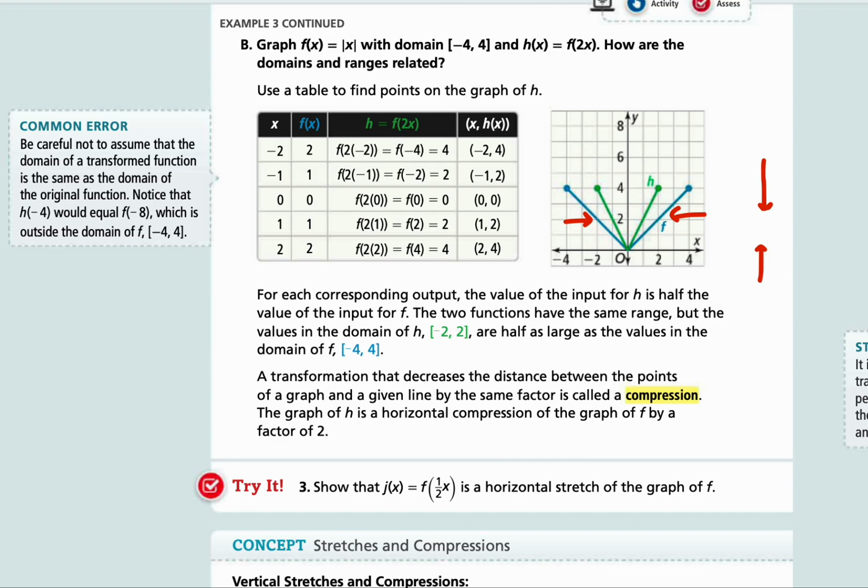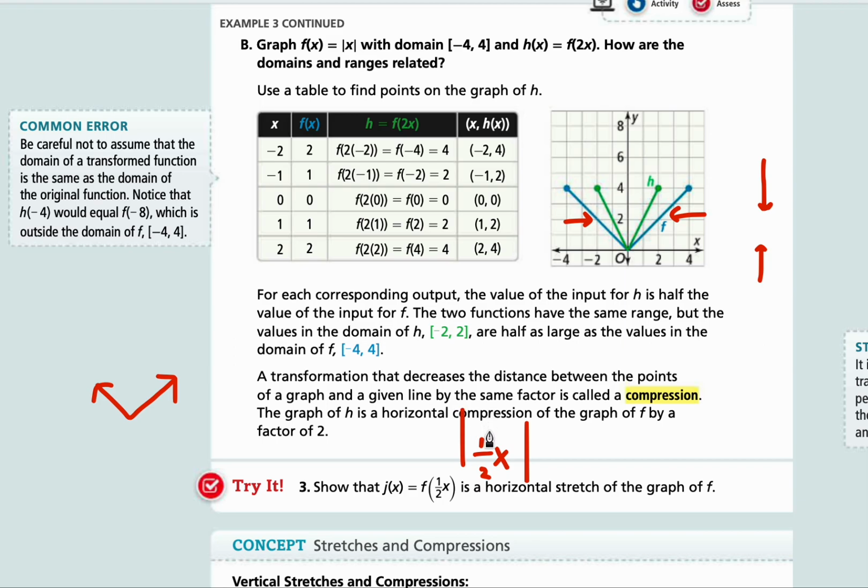Okay, are you ready? So when you graphed it, your original absolute value should look like each slope has a slope of -1 and 1, right? But if you graph this one, f of 1 over 2x, then you have 1 over 2x, and then absolute value, right?